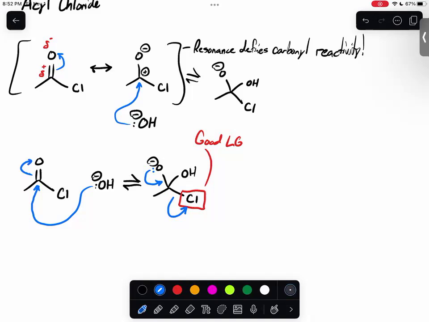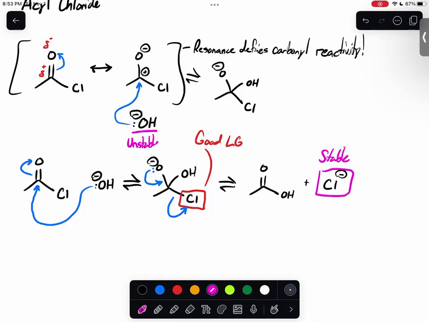The main reason for this is because now you've eliminated the charge on the oxygen by giving it a double bond. The OH is still on there, and you've kicked out Cl minus, right? Which was a great leaving group, and it is very stable. So what we've gone from is a relatively unstable hydroxide to a very stable chloride.